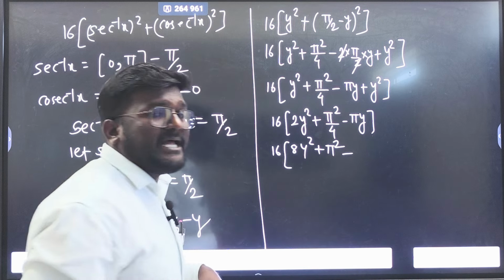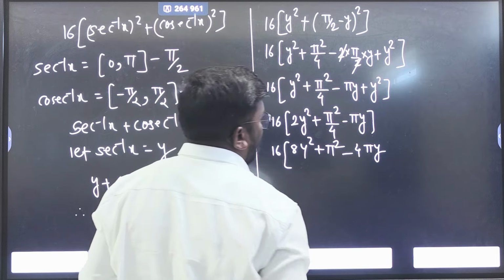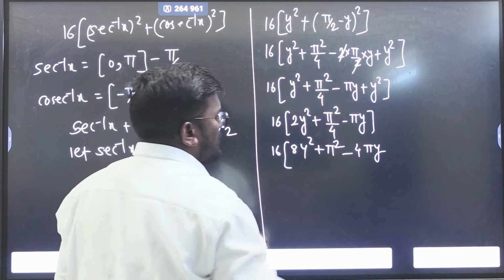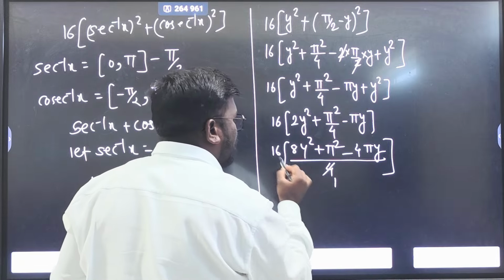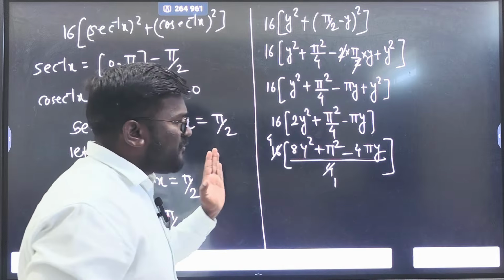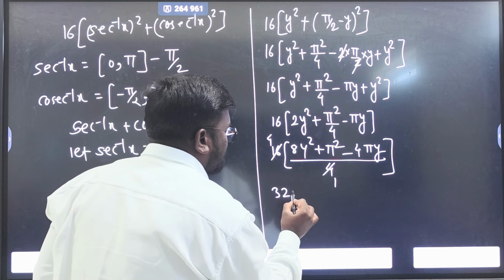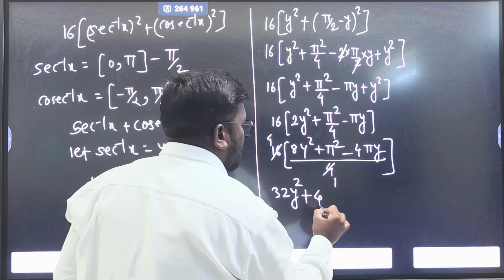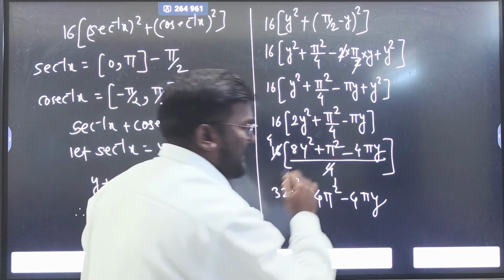Here I have to multiply by 4 and divide by 4, so I'll get 4 pi y, divided by 4. Now 4 ones are 4 and 4 fours are 16. Now multiply this 4 with this bracket, open the bracket. So it is 32y square plus 4 pi square minus 4 pi y.